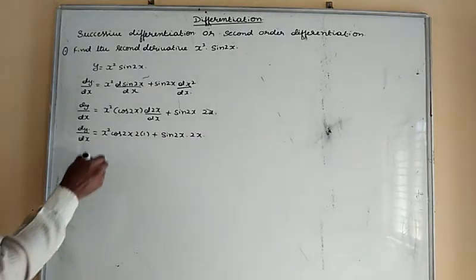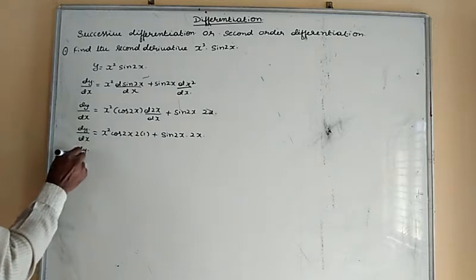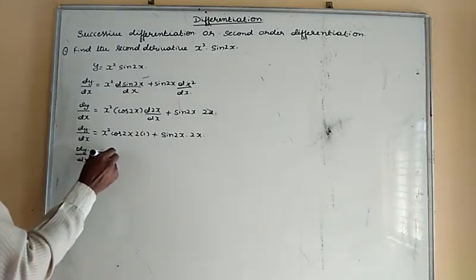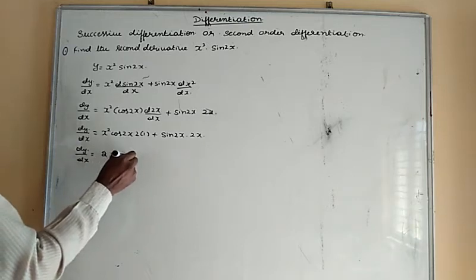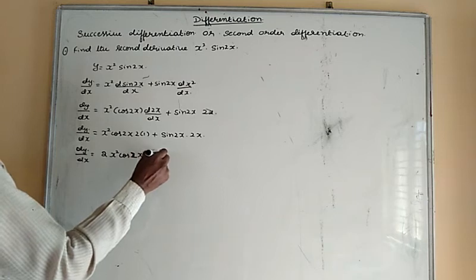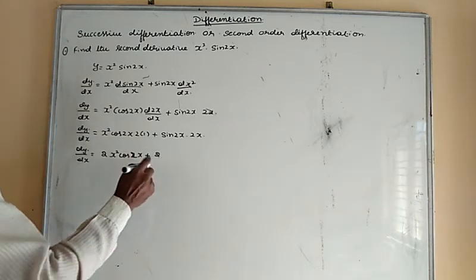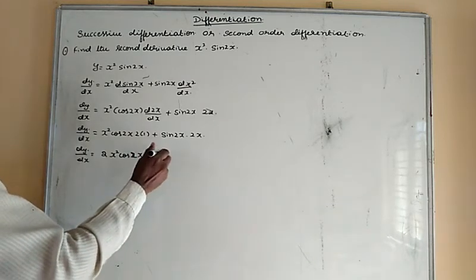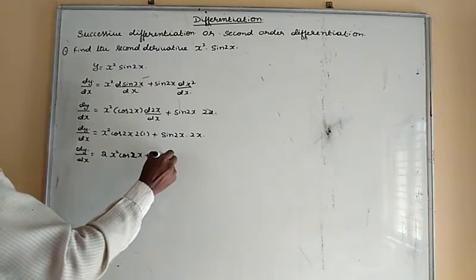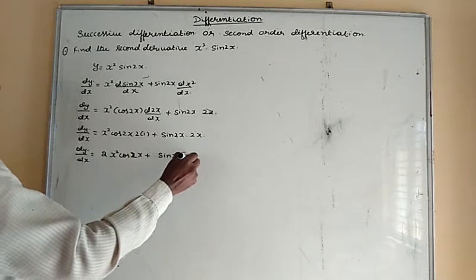So we can write dy by dx is equal to 2 x square cos 2x plus 2 sine 2x into x.